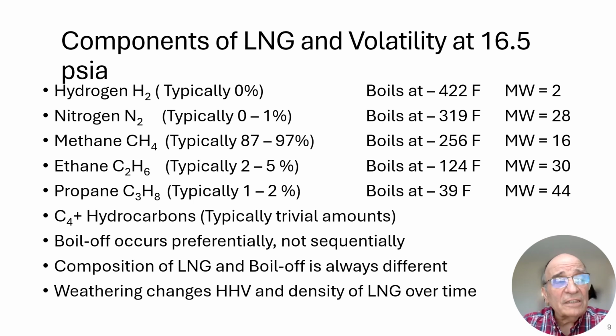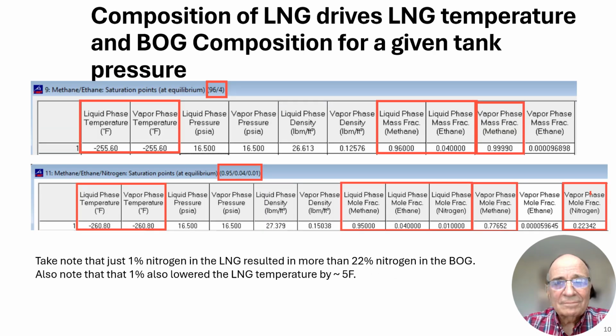Doesn't mean the low volatility components will not outgas, but they'll outgas at a slower rate proportional to their percent composition in the LNG and proportional to their volatility temperature. Composition of the LNG drives the LNG temperature, and it also drives the bog composition.